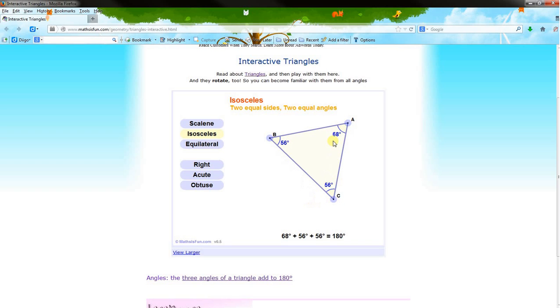However, this third angle with vertex A adjusts to accommodate the other two angles that are staying the same. Okay? And again, if you look at the bottom here, in this example, we see vertex A equals 88 degrees, vertex B is 46 degrees, and vertex C is also 46 degrees, which, if you add them up, equal 180 degrees.